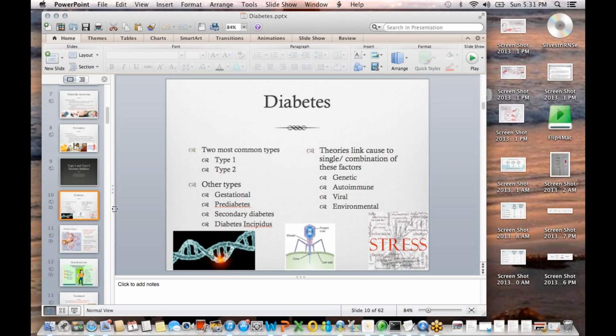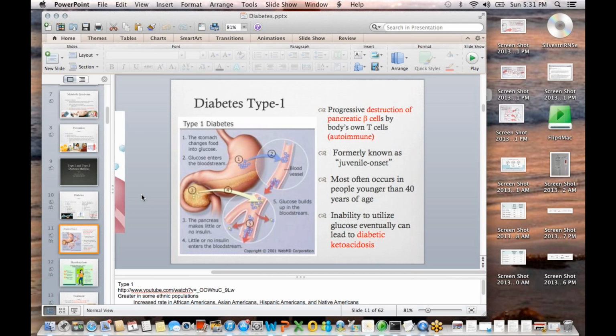Theories to link diabetes: there's not really a cause, so we're not sure exactly what causes the pancreas to quit producing insulin, besides it being an autoimmune disorder, and why the cells decrease their sensitivity could be viral or environmental causes. So the major part is to understand what the disease process is and how to treat it.